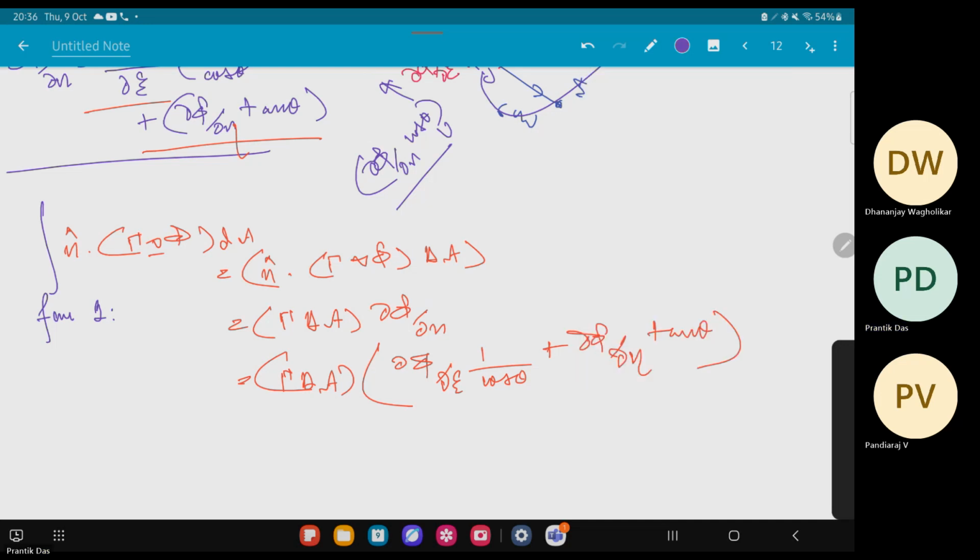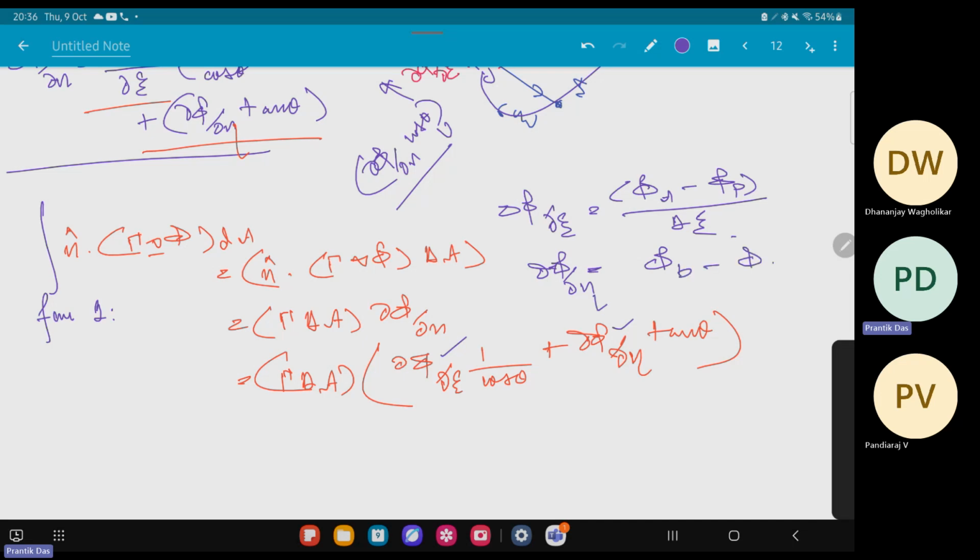and that's how you can deal with the convection term. So this d zeta and d eta you have to discretize. So d phi d zeta will be equal to phi A minus phi P divided by delta zeta, and d phi d eta will be phi P minus phi A divided by delta eta.